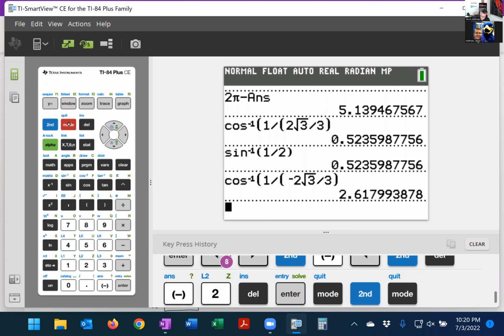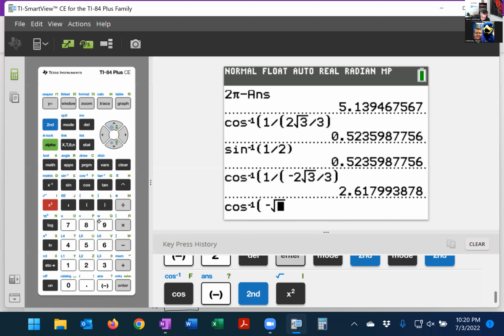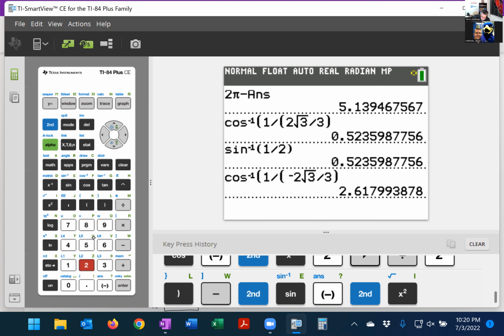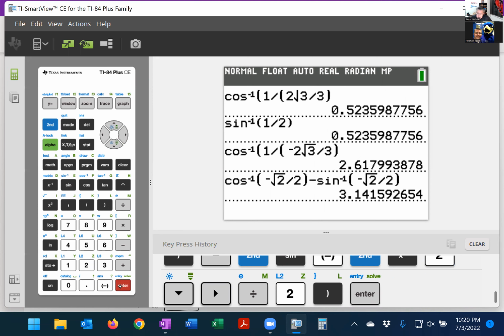What's the inverse cosine of negative radical 2 over 2, minus the inverse sine of negative radical 2 over 2? And that's 3.14159, which is pi. So that does check, which is great.